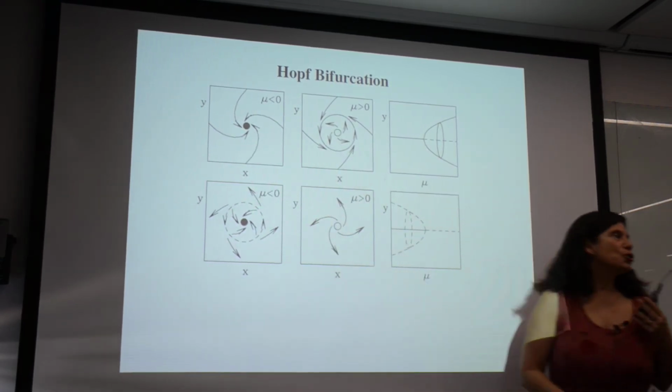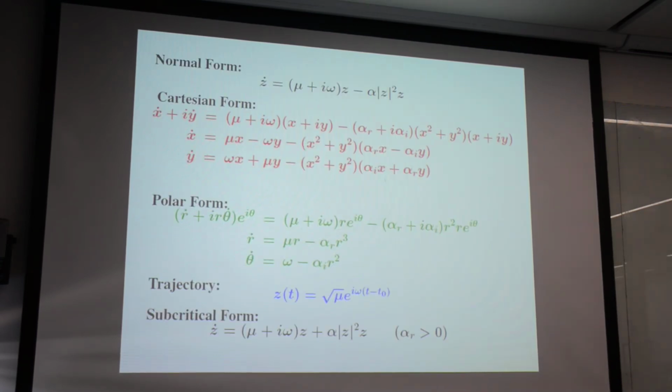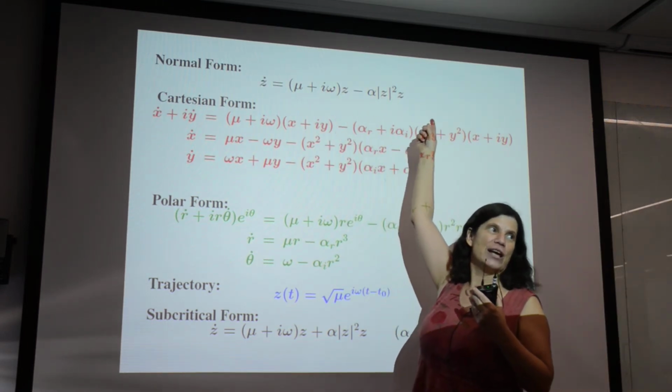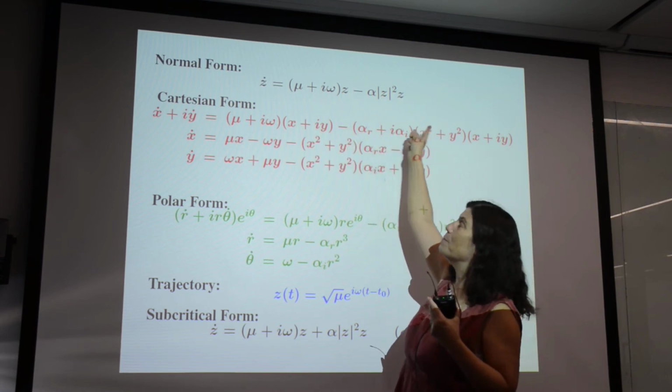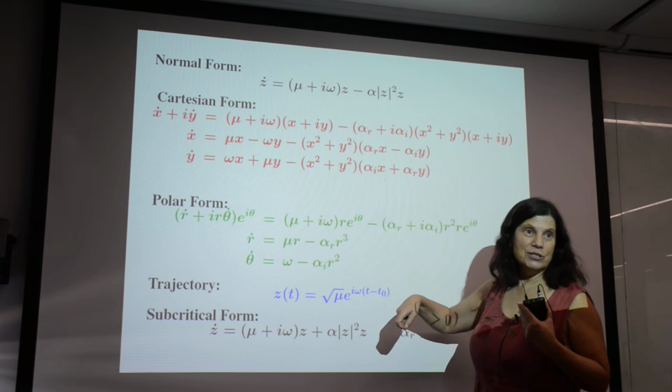Okay? So, again, the pictures really say it all, but if you wanted to do a little bit of math, or I shouldn't say math, I should say calculation, because math, of course, encompasses geometry, not merely calculation. This is what you do. This is the normal form for the Hopf bifurcation. This is written in complex form, but that is just a shorthand for writing two equations.